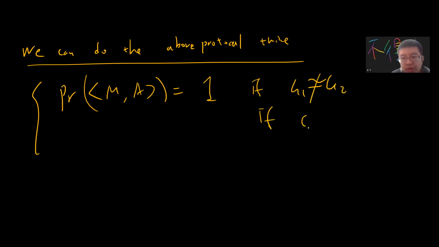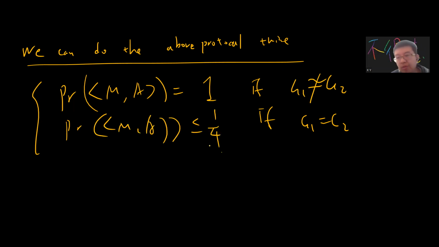If G1 is the same as G2, then the probability that Merlin answers correctly is less than or equal to 1/2 times 1/2, which is 1/4. So this satisfies IP, because for IP, if x belongs to L, then the probability that Merlin makes Arthur accept is 1. Otherwise, it is at most 1/4.